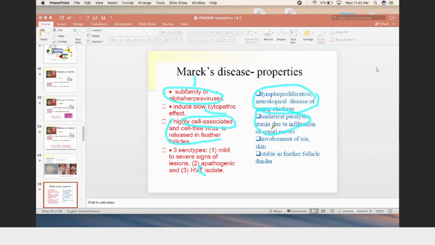Ataxia is where the animal becomes half crazy because of the virus inside the nerve, and then the virus also infects the eyes, and is stable in the follicle. So the virus is transmittable through the feather follicle. Follicles of course always drop around, so that could be a source of infection or transmission of the virus to other birds or chickens.